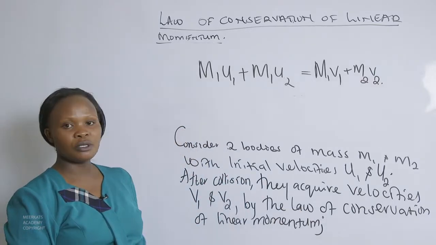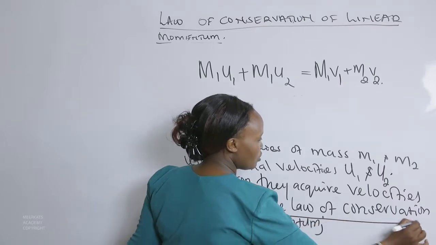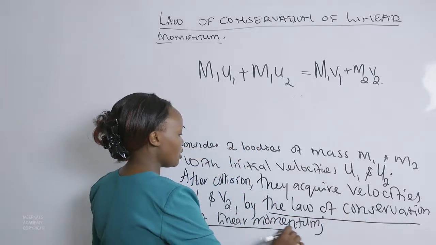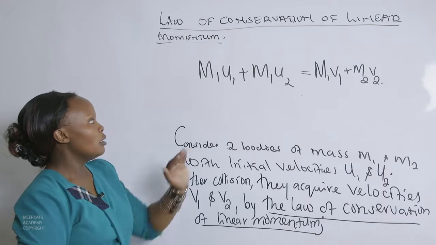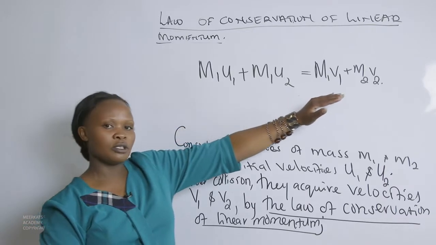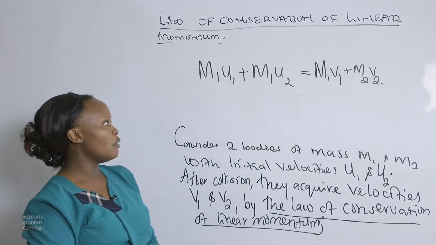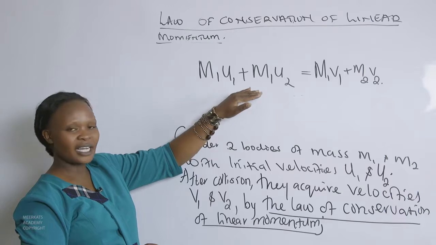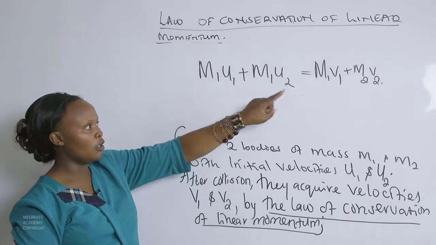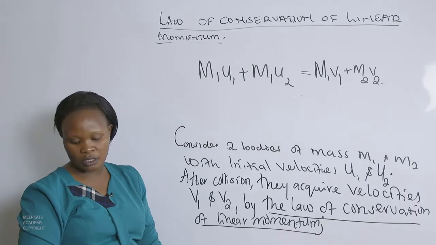By the law that we have just looked at, the law of conservation of linear momentum, momentum before collision is always equal to momentum after collision. Therefore, if you add the totals before, they should give you the totals after collision.